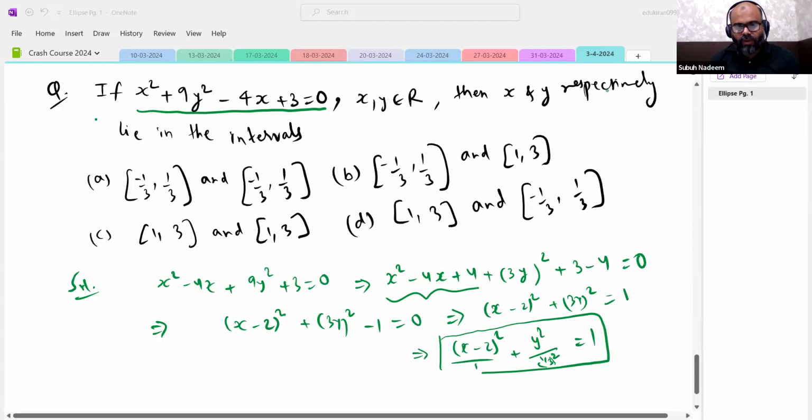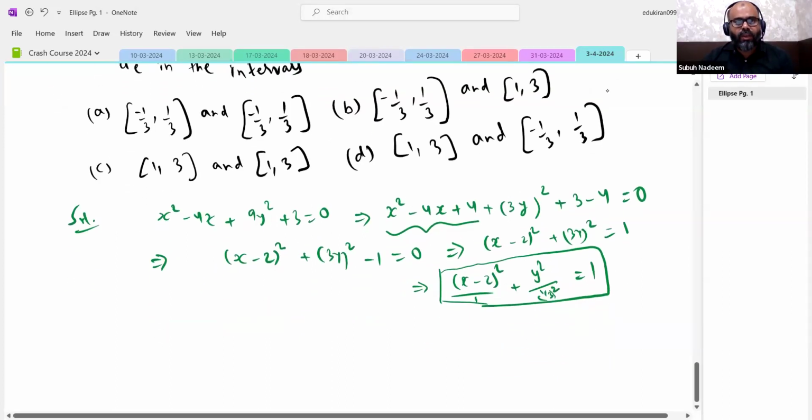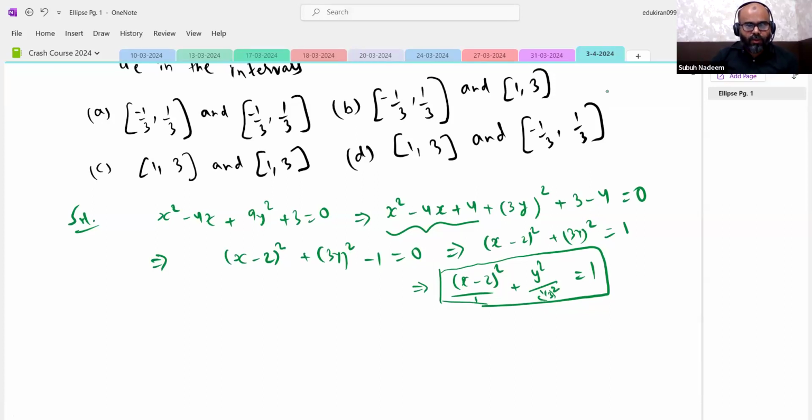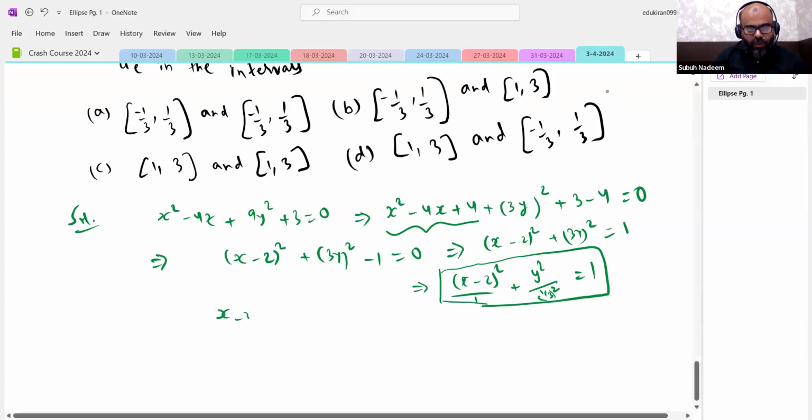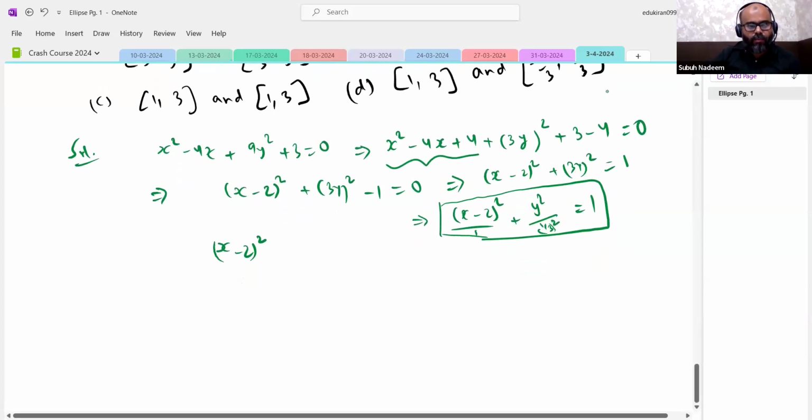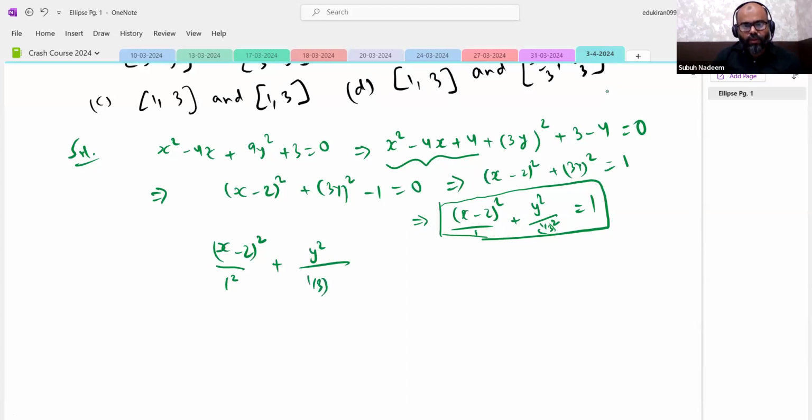So we are getting the equation of the ellipse, the shifted ellipse. I'm writing it here also: x minus 2 whole square by 1 square plus y square by 1 by 3 whole square is equal to 1.